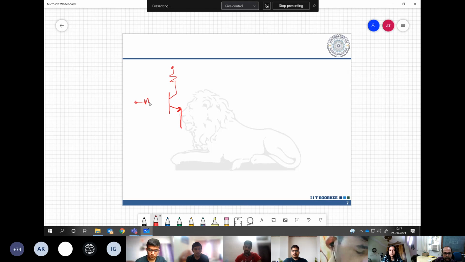So let's start with a very crude value. Let us say someone is starting with a very rough design and they are choosing this R1 as something like 1 ohm. Let's say there is no reason why they are choosing like this, but let us say they are choosing 1 ohm. So what will happen if you choose a resistance like that? First, we should understand this.